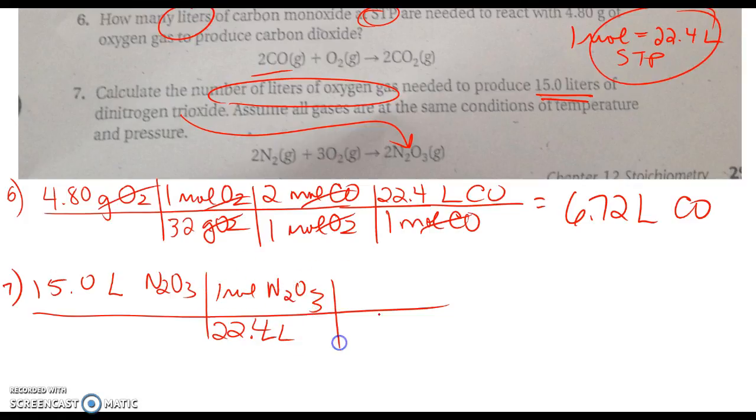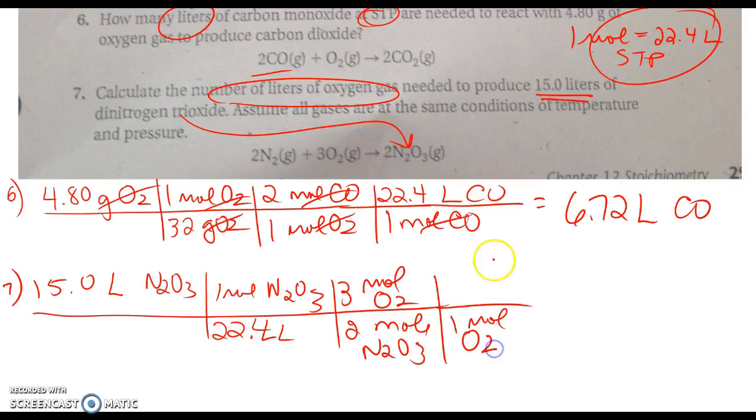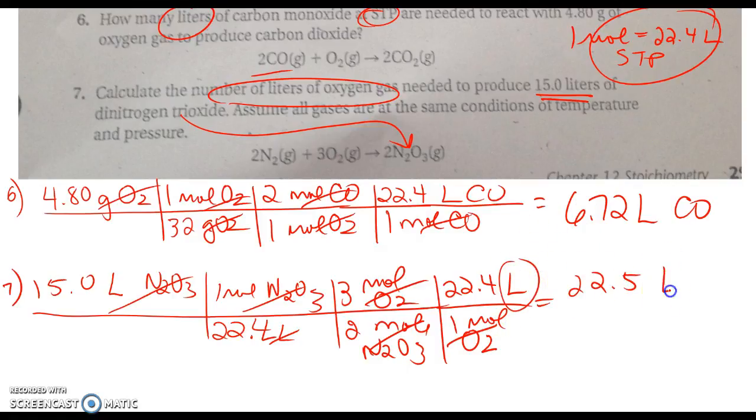Then I go from moles of N2O3 to moles of oxygen gas, and then from moles of oxygen gas to 22.4 liters of oxygen gas, right? Liters cancels, moles, moles. I'm left with liters. I get 22.5 liters of oxygen gas.